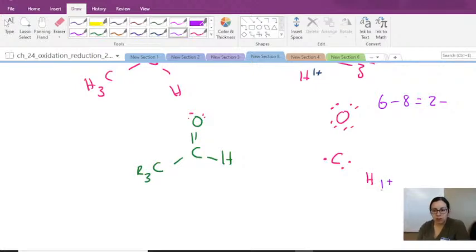And what's carbon now? +1, exactly. We have 4 from the neutral minus 3, and that gives us +1. Then double check yourself: does that match? Yes, we have -2, +1, +1, so that gives us 0. Questions about this one?